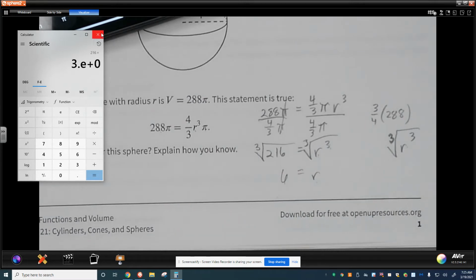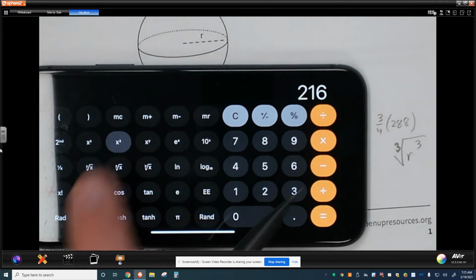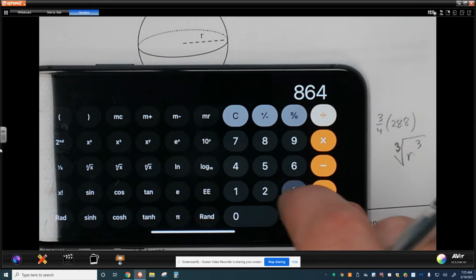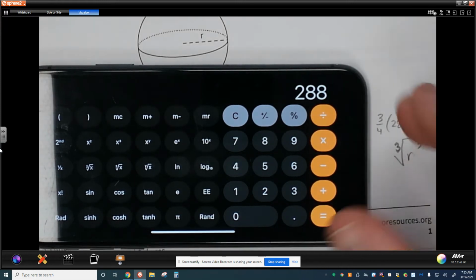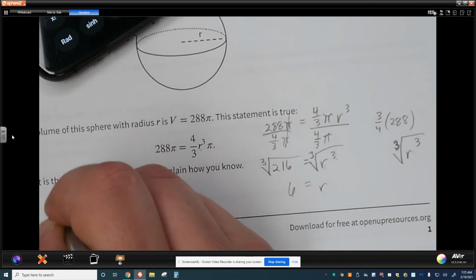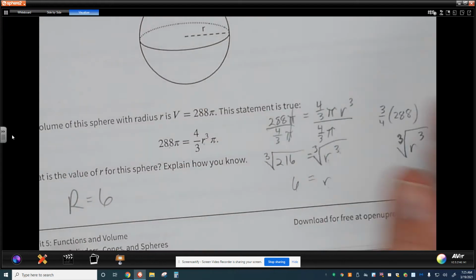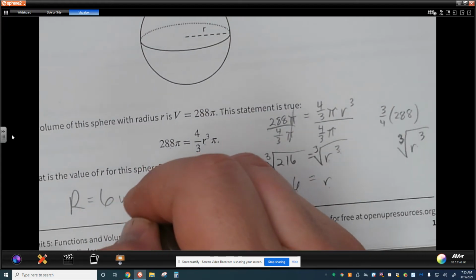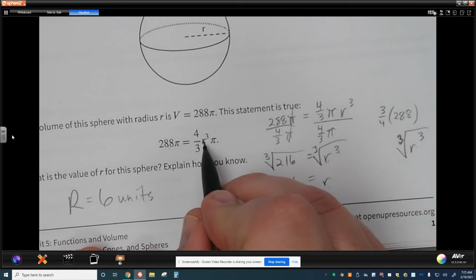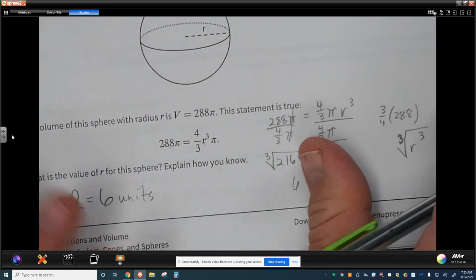Well, that's not fun. 6 to the third power times 4/3 is 288. So I know that I have the right answer. Radius is equal to 6 units. And I know that's true because when I substitute it back into my formula for r, this expression becomes equal to this expression.